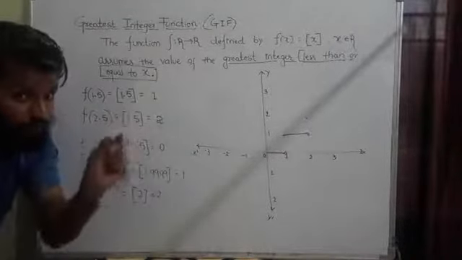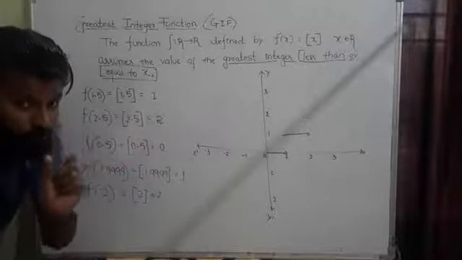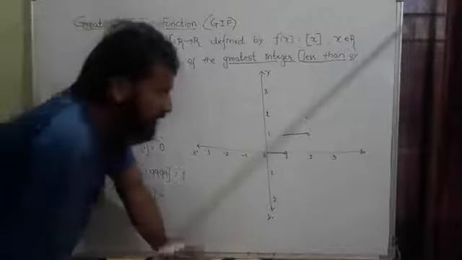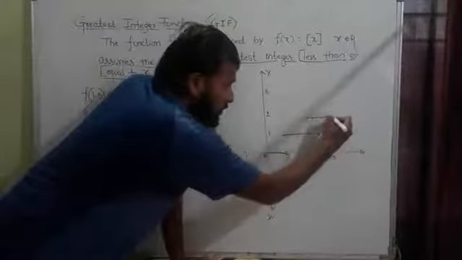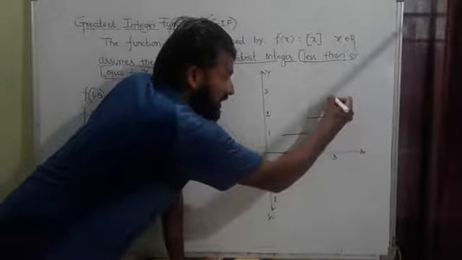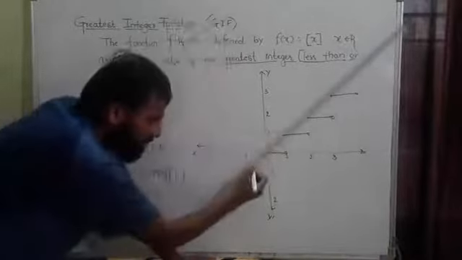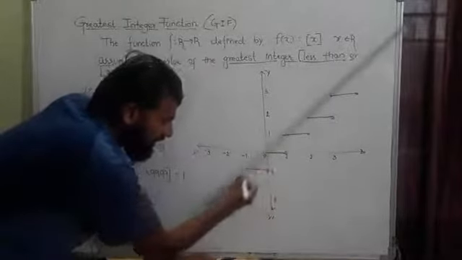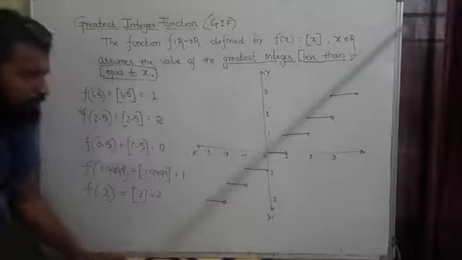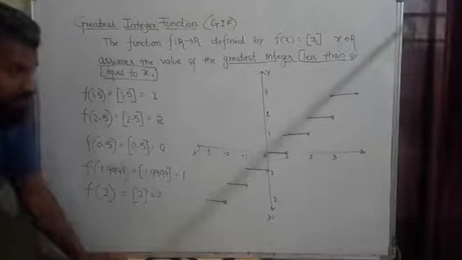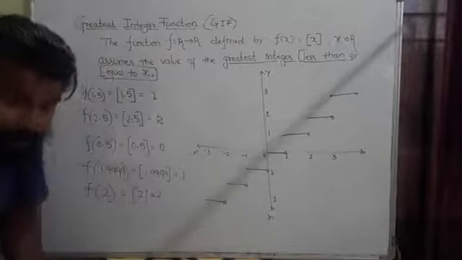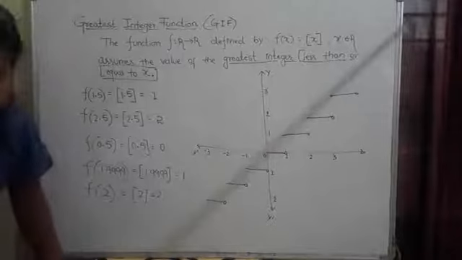Similarly, between 2 and 3, that is 2.1, 2.2, 2.3, 2.4, take all of them, the answer will be 2, right? So the answer will be 2, but when you take 3, the answer will be 3. And the same goes with the negative numbers also. You can verify by yourself. So this looks like a step. It looks like a step, so that's why it is also called a step function.